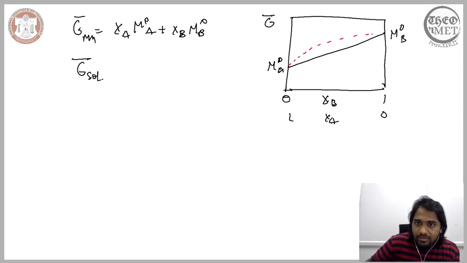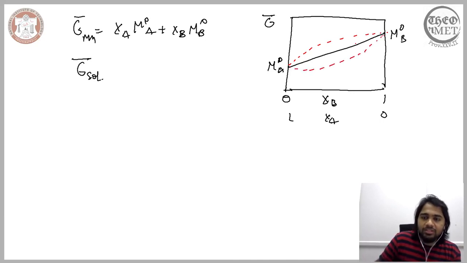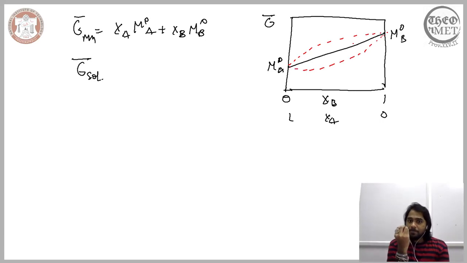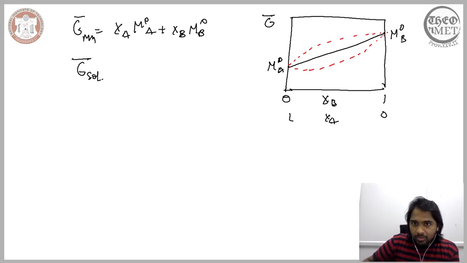We saw either the change in the Gibbs free energy in this case, or the change in the partial pressure in our previous discussion. It adopts a form like this or like this, depending on the way the bond energy between the dissimilar atoms varies. You either adopt an overshooting curve or an undershooting curve.